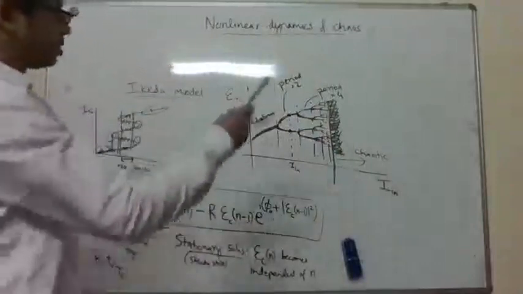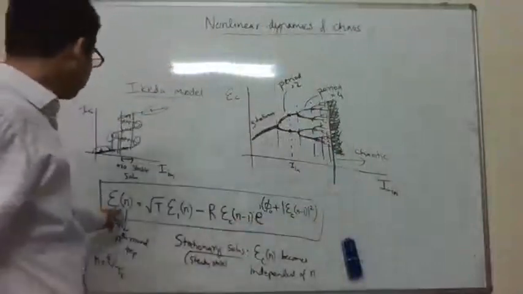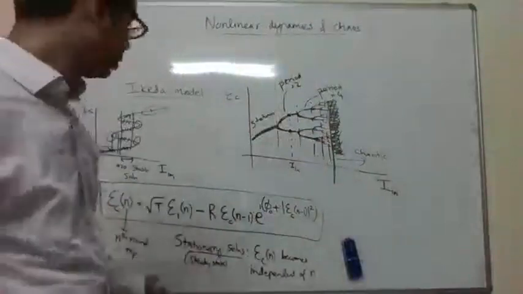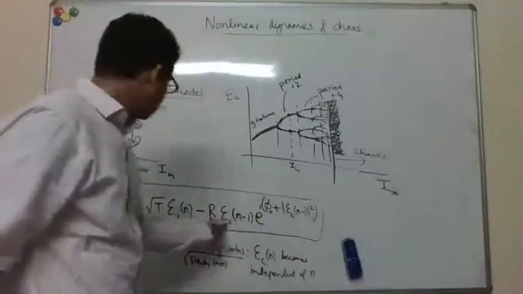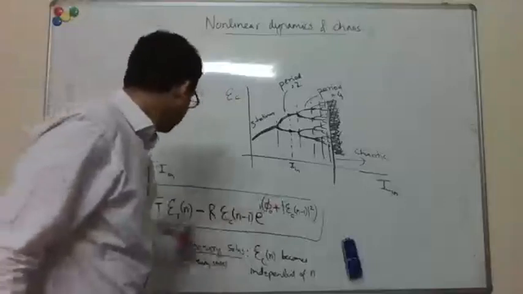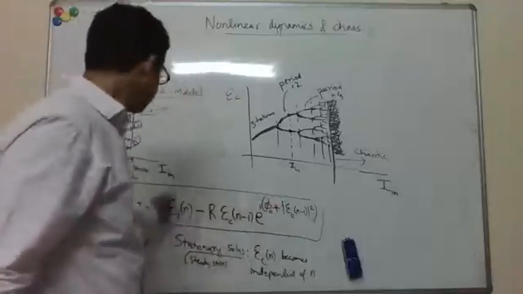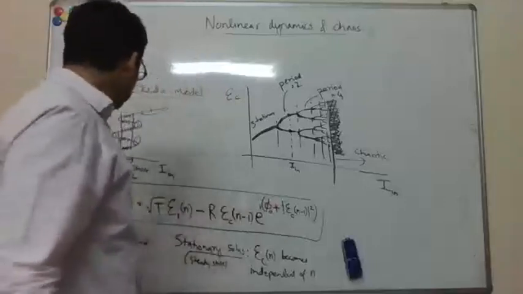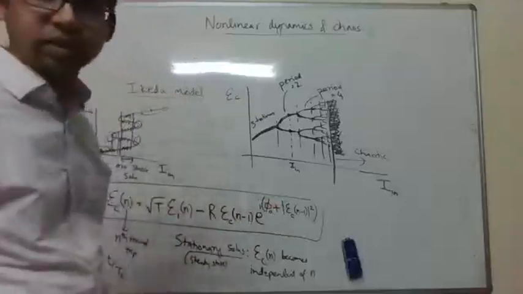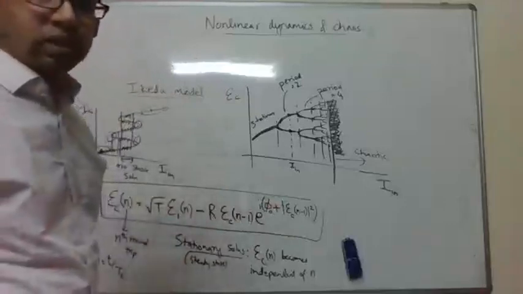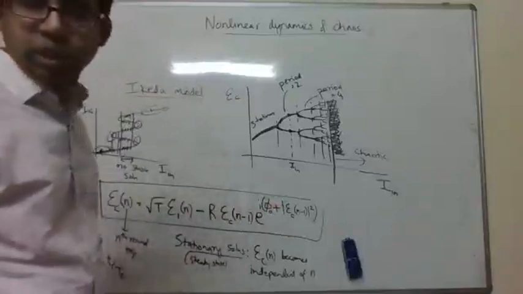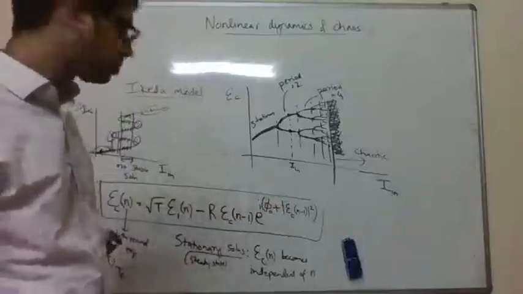Let's say I want to see what the field value will be at n equal to some 10 million. Then I start from n equal to 0. I know all these values exactly, and I can just keep churning. And of course, I can compute what is EC at 10 million. So in that sense, of course, it's deterministic. It's not that.